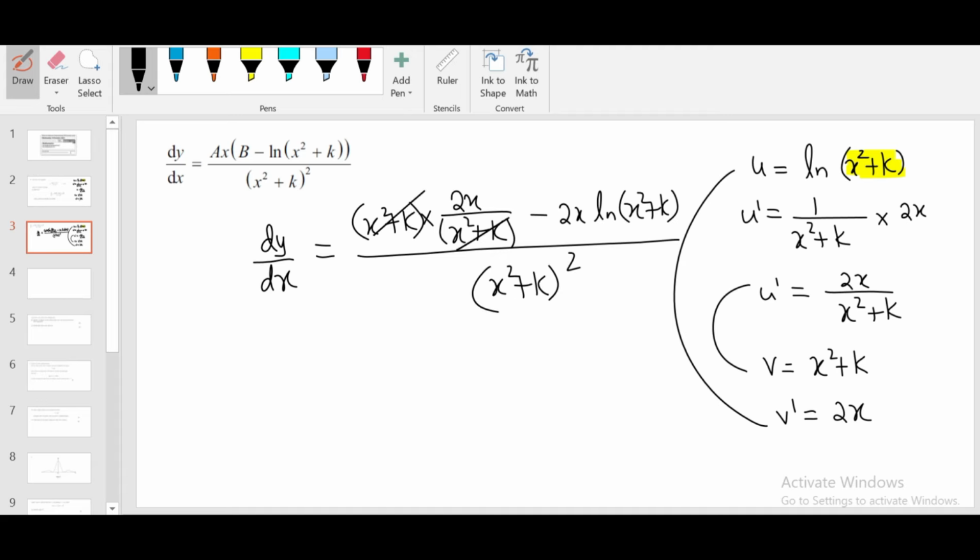You can cancel these two. So you have 2x minus 2x ln(x² + k) divided by (x² + k) whole squared.